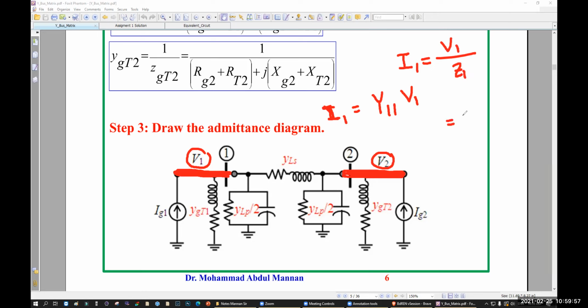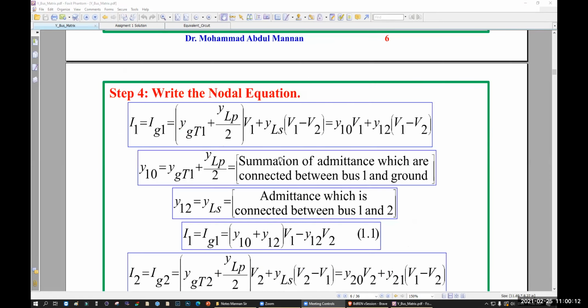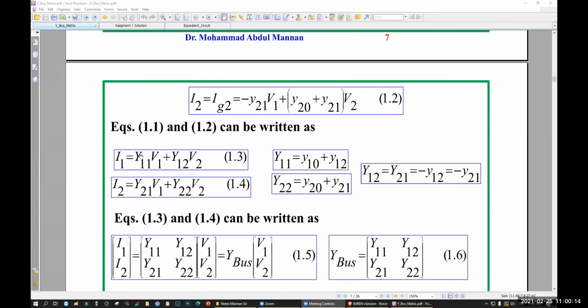Now here, can we call it V into 1 by Z? 1 by Z is equal to what? Y, right? Can you call it YV? So your current is equal to Y into V, right? Yes. So here you got the formula. I1 is equal to Y11 V1 plus Y12 V2. Why two terms?